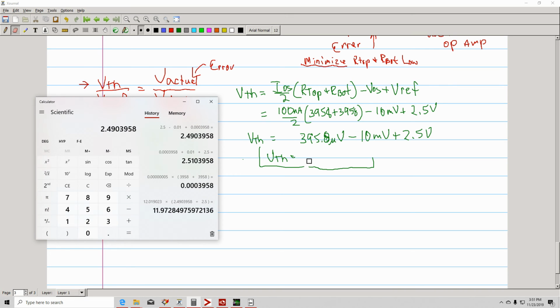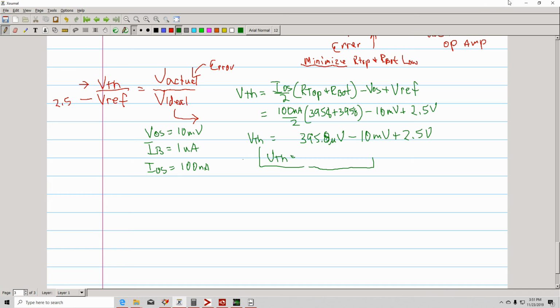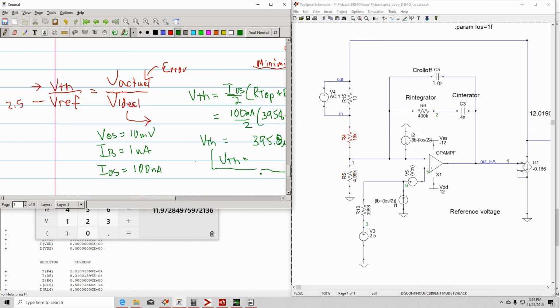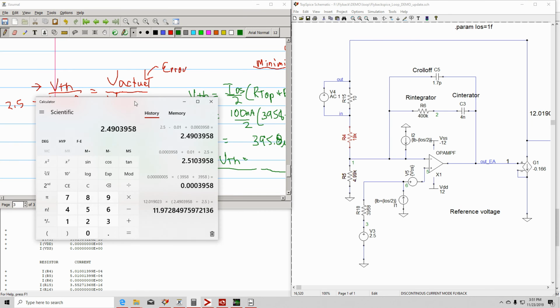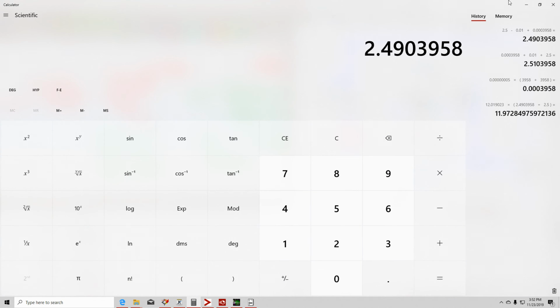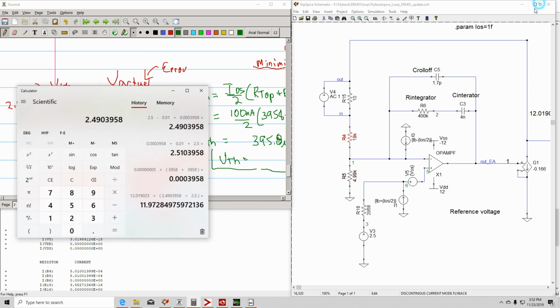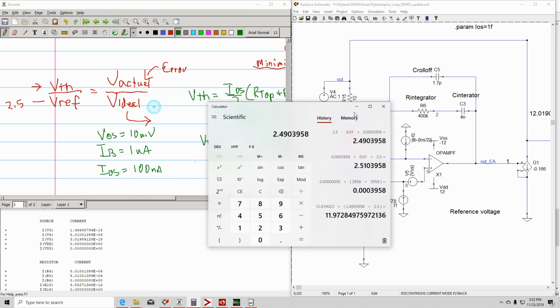let's see if I get this right. Let me see if I can put this together. And that's not what I wanted. So put it right here.